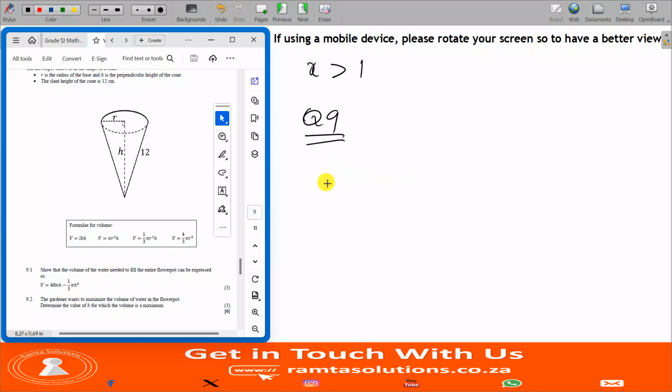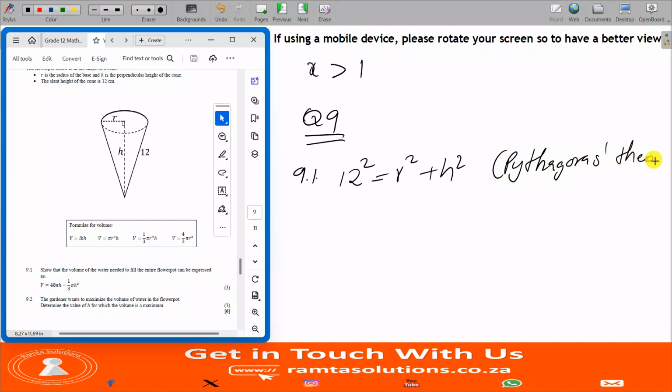With what I'm seeing here, I see that 12 squared is equal to r squared plus h squared. Of course, this is the theorem of Pythagoras.